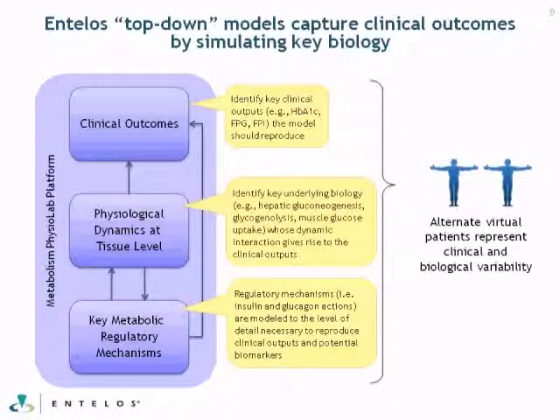For example, 2 virtual patients with the same A1C level could have very different combinations of hepatic insulin resistance versus peripheral insulin resistance. And their combinations result in changes of fasting glucose and postprandial glucose that are different as well.